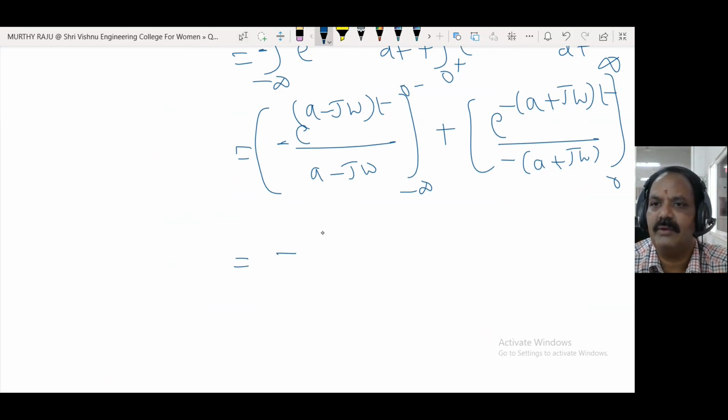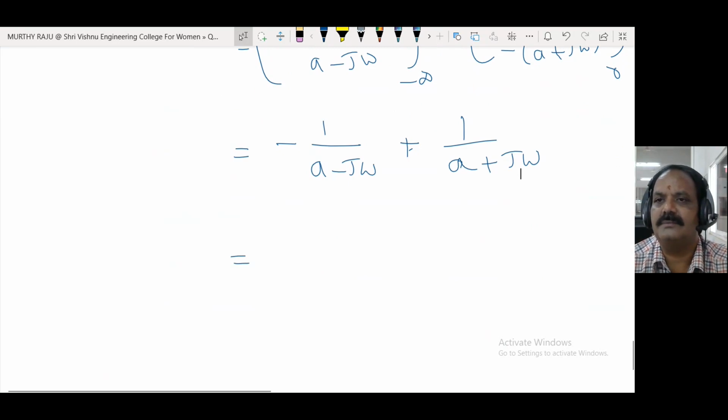That is minus 1 by a minus j omega. For the other limit, e power minus infinity is 0, no need to write. Plus here, upper limit e power minus infinity is 0, no need to write. Lower limit e power 0 is 1, for lower limit minus of minus plus 1 by a plus j omega.